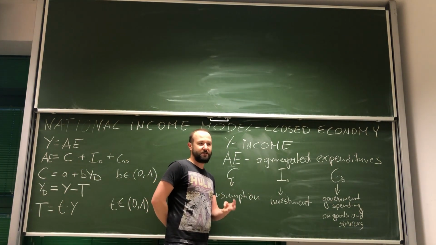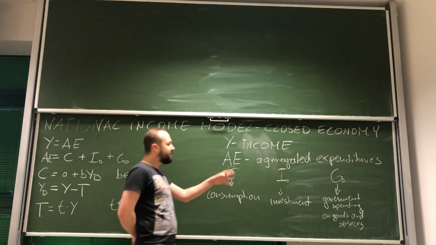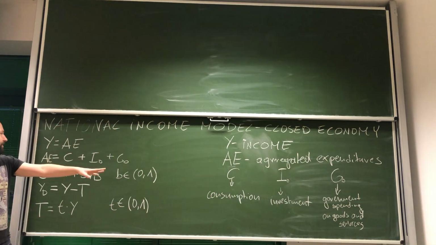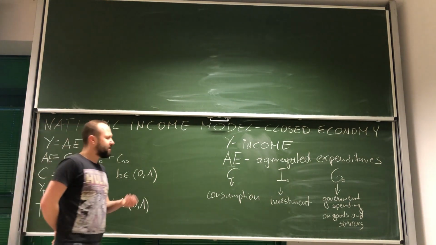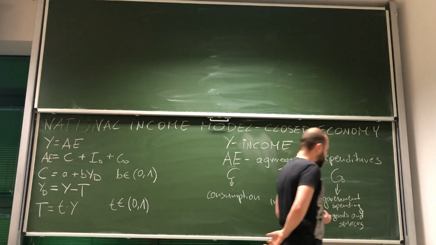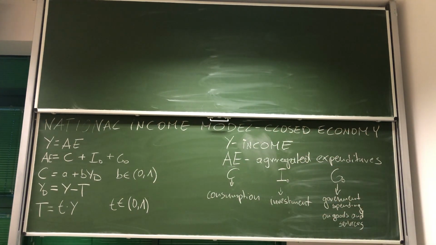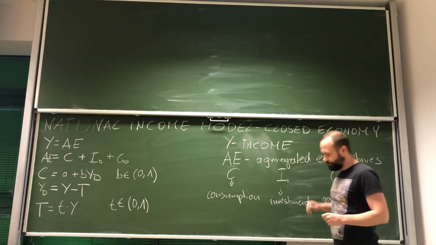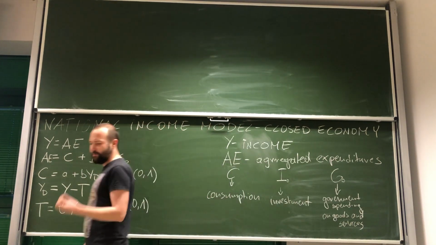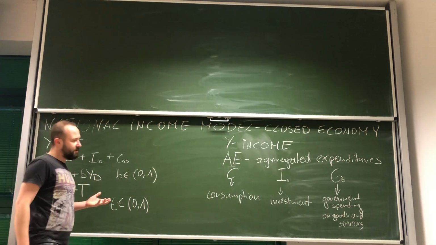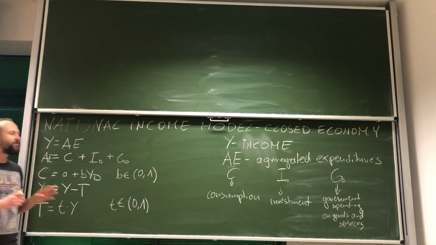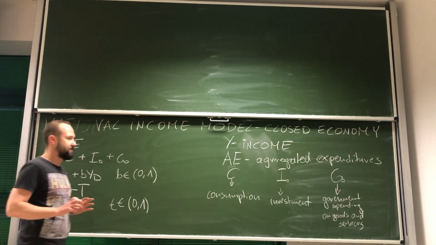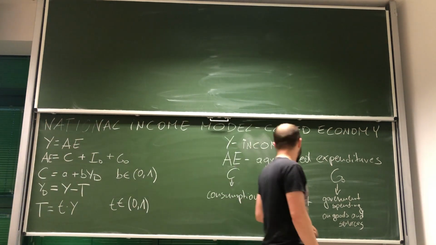What does it mean, autonomous? Autonomous means independent. In this context, it means that it's independent from the level of income. Whether this is 100% true is a little bit tougher question. Again, that should be explained within macroeconomics. However, for us, it's a justifiable simplification because for now we want to just focus on other things than how GDP influences investment.